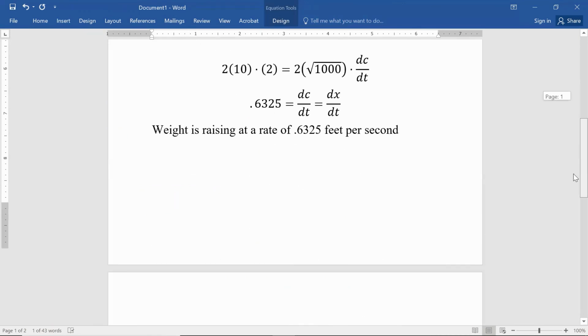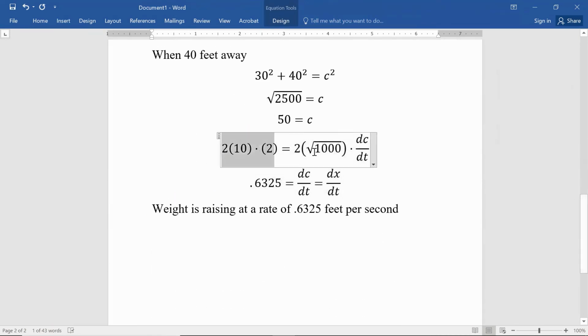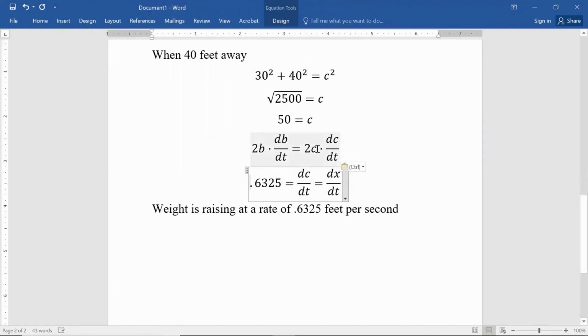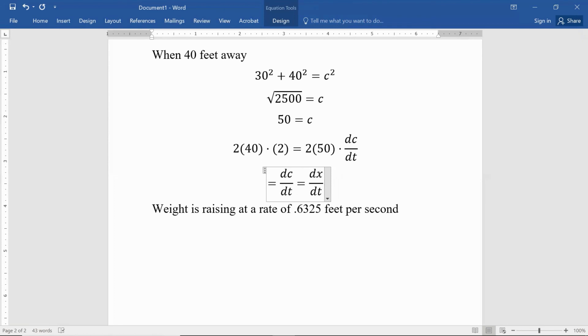We go back to our equation that relates how far away the person holding the rope is from the length of the rope from the person's hand to the pulley and the rates of change. If this problem says the person is 40 feet away from the starting position, remember that they're walking away at 2 feet per second. Now we know the length of the rope is 50.